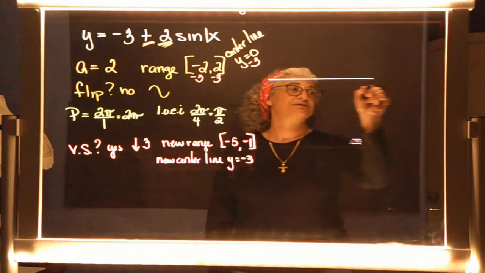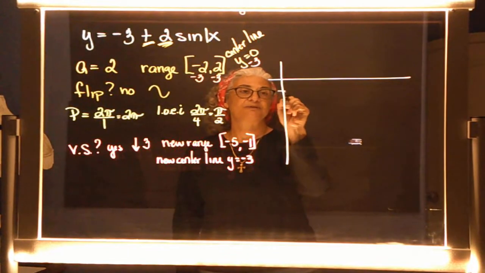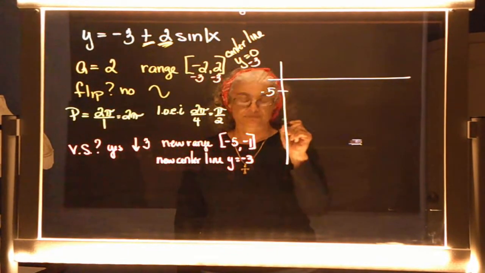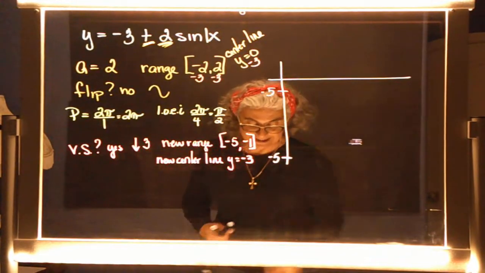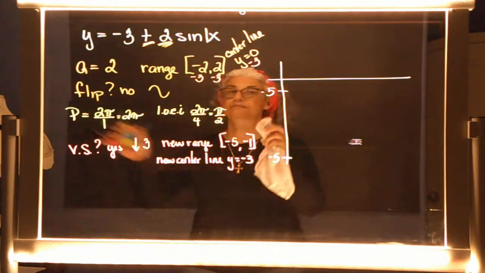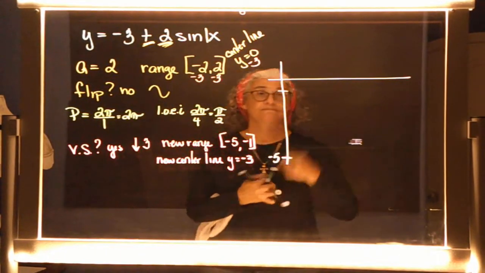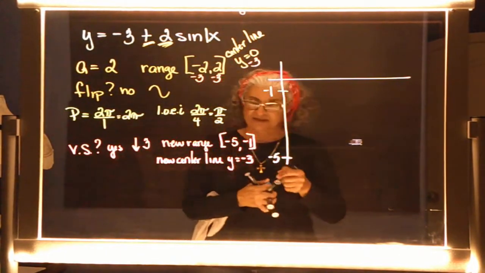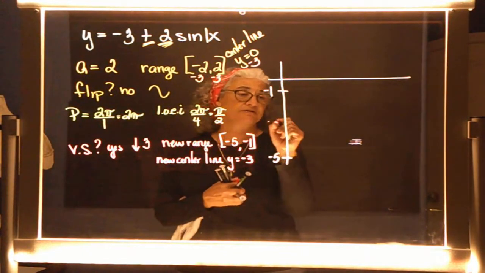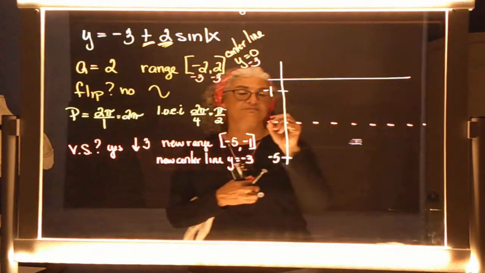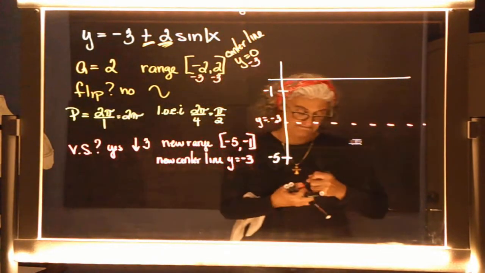All right, let's see what this looks like. So, it's looking like the graph is going to be below the x-axis. My center line is y = -3. Okay.